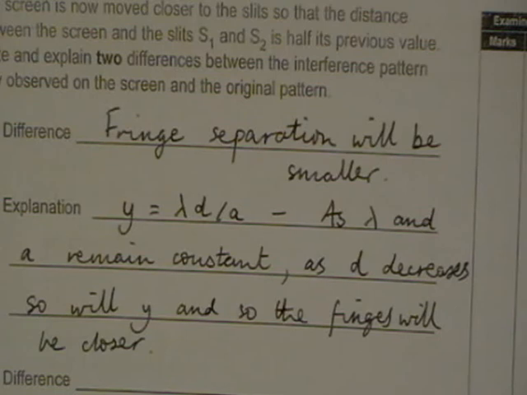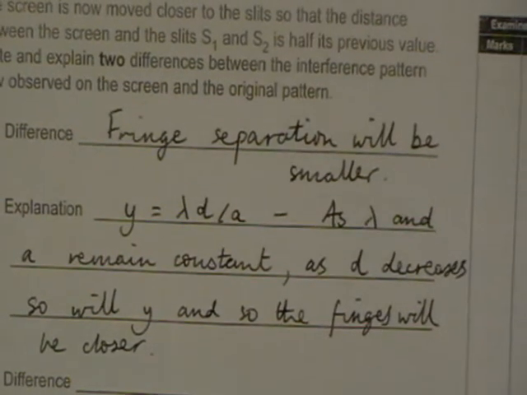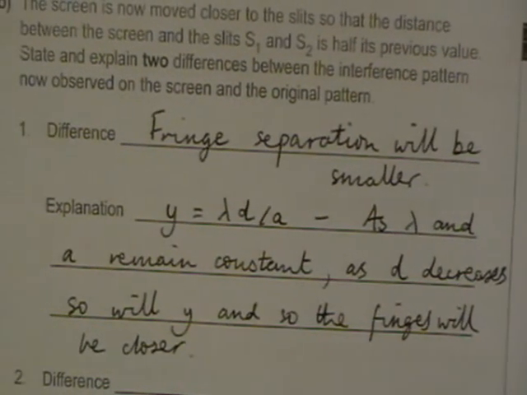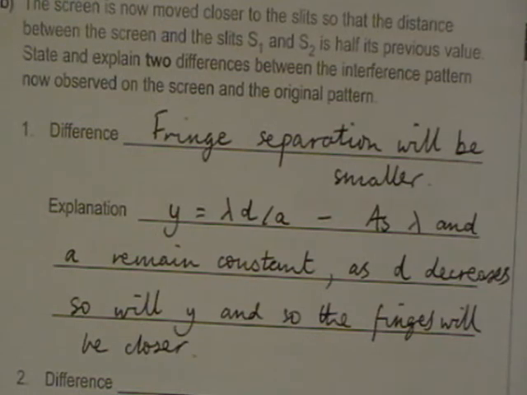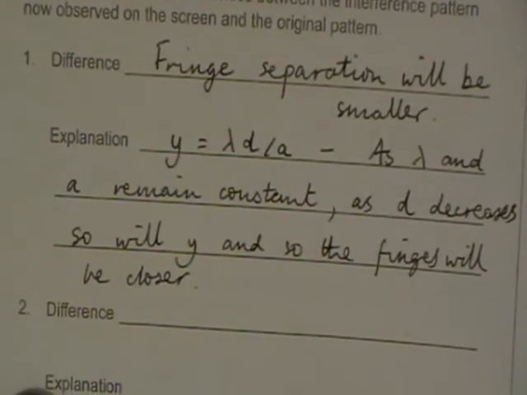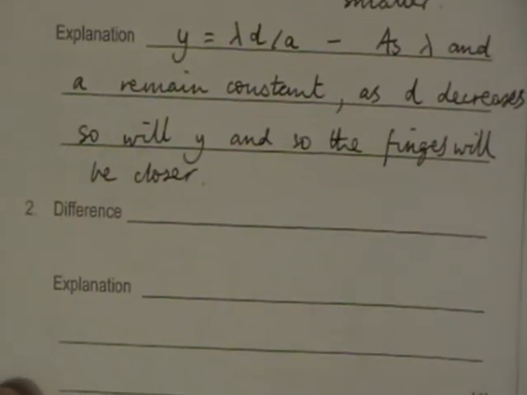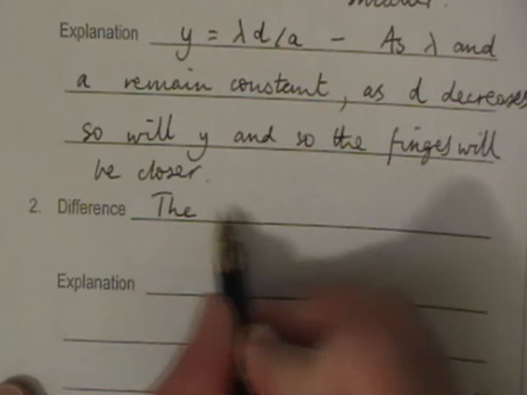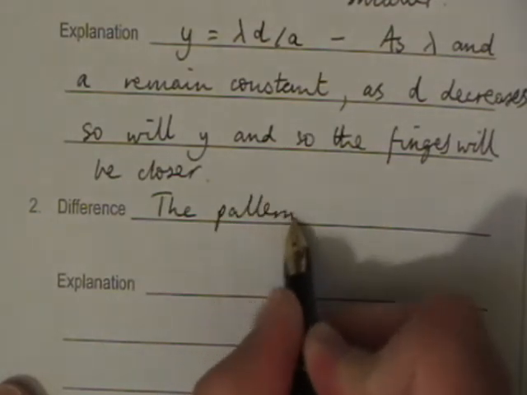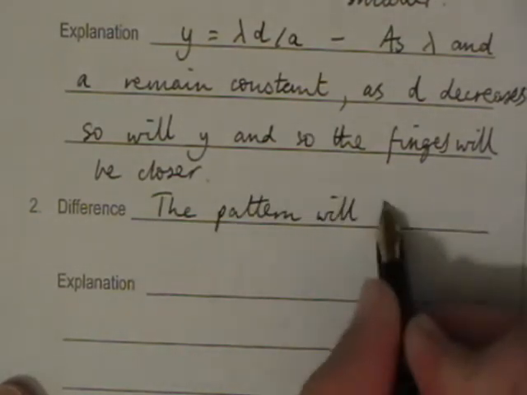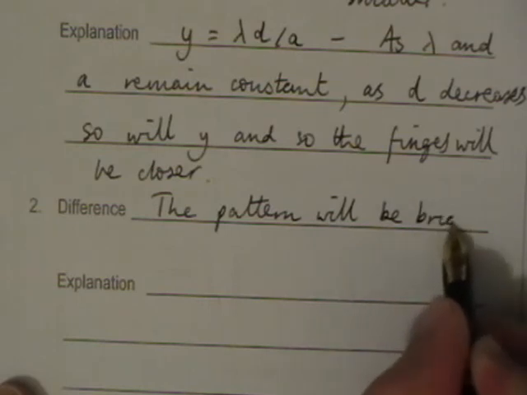Now we have to think of a second difference that we could observe. The next difference is that the pattern would be brighter. And why is that?